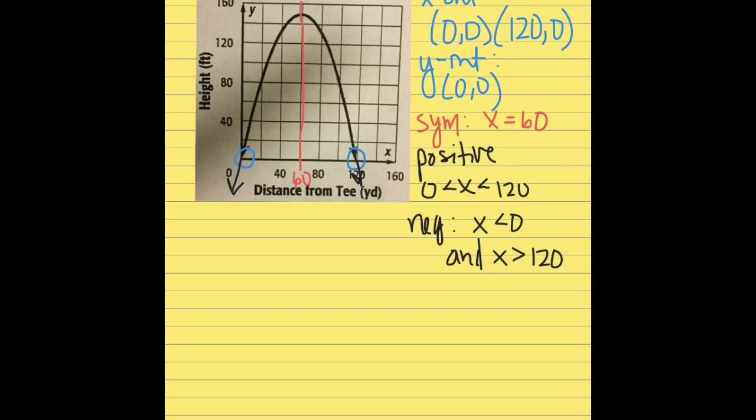The next thing that we want to look at is whether it is increasing or decreasing, and where. So remember, increasing is positive slope.